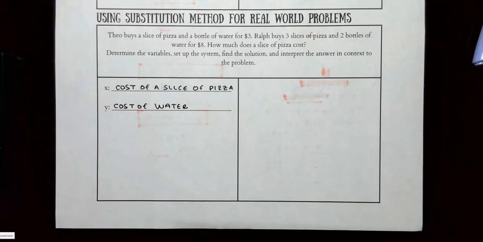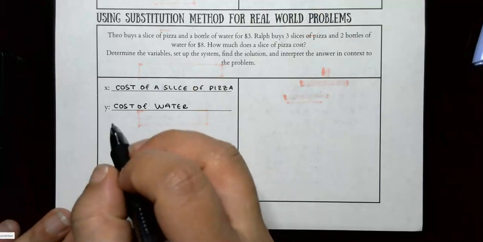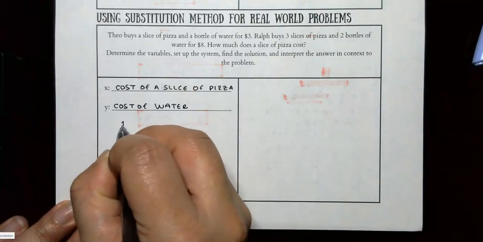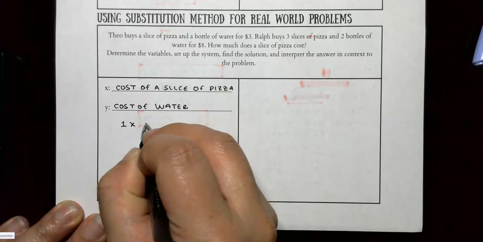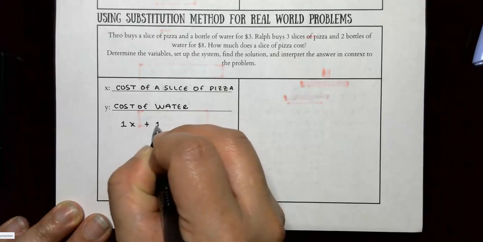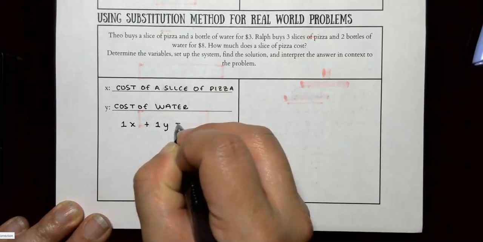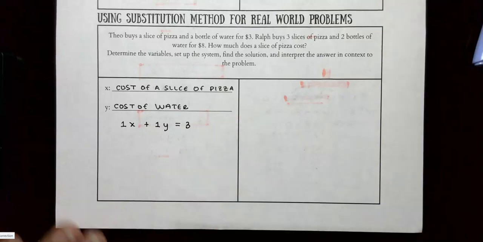In order for us to set it up, we're talking about 2 different purchases. We have Theo who purchased 1 slice of pizza and 1 bottle of water, and it cost him $3. So when we get ready to set this up, I'm going to use my placeholder ones: 1 pizza slice, 1 bottle of water, and he paid $3 for it.